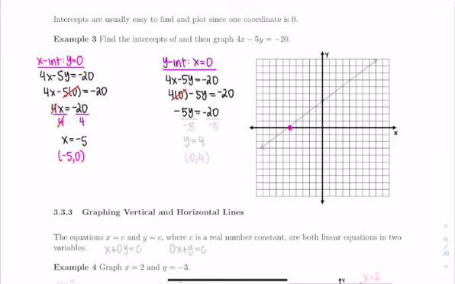We want to get y by itself, so we divide by negative 5. It cancels on the left-hand side, and we get that y is equal to 4. We let x be 0 and got y equals 4, so we plot that at (0, 4). Then all we have to do is connect these 2 points to make our line.